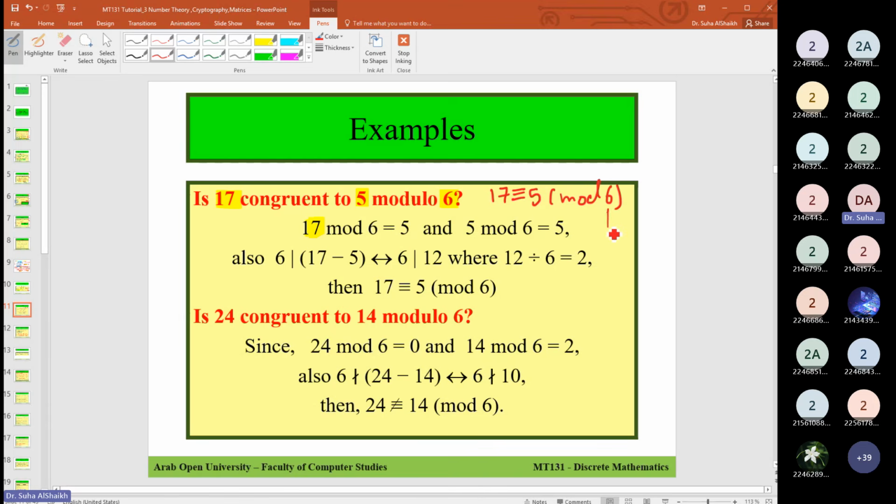So this means 6 is dividing the difference between 17 and 5. What is the difference between 17 and 5? Sorry, it is 12. The difference between 17 and 5 is 12. And yes, it's correct, 6 is dividing 12, because 12 over 6 is equal to 2. You got it? Are you with me?